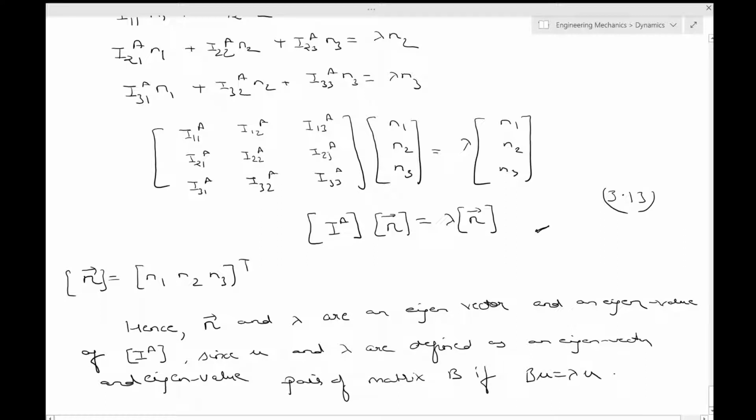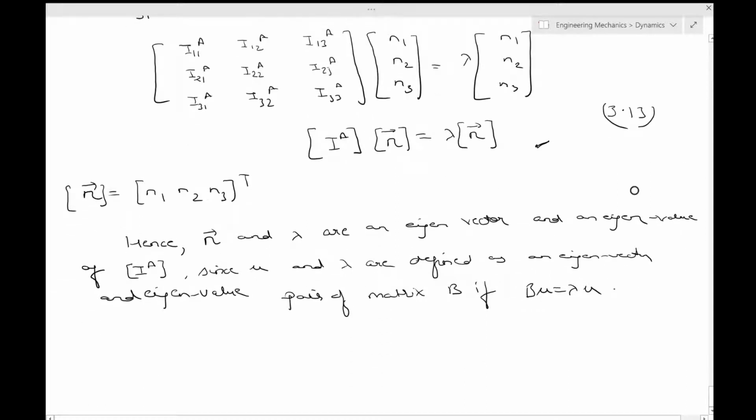The theory of it is something we don't really discuss in this course, but it should be familiar to you by this stage.